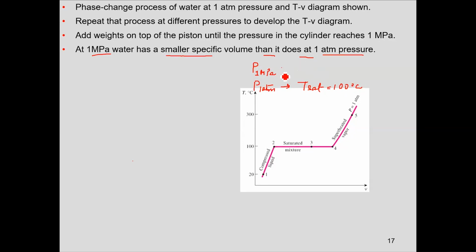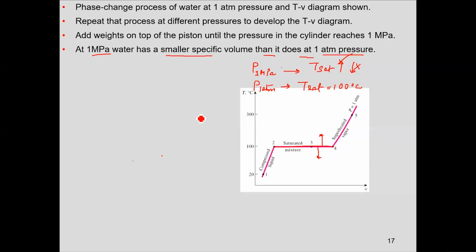For 1 megapascal pressure, do you expect the saturation temperature to be high or low? High, sir. Very good. So this would be high as compared to 1 atmosphere. That means the horizontal line at 1 megapascal, which is the saturation line, should go up or move downwards? Upward, sir. So it should move upwards. That is the second thing that you observe.